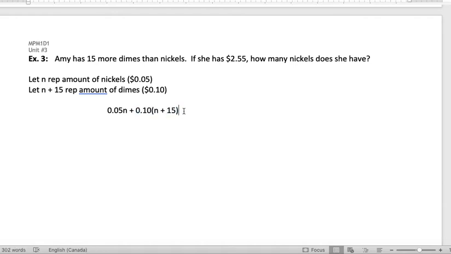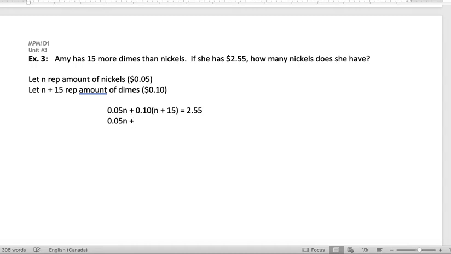And this is going to give us a total of $2.55. So hopefully you followed along with that. I know that this is a tricky question because we're dealing with the quantity and the value of the money all at once. So when we start to solve this, this is already in its simplest form.